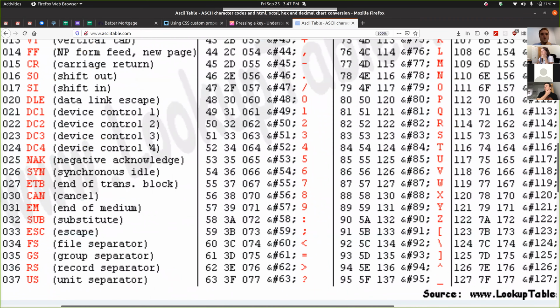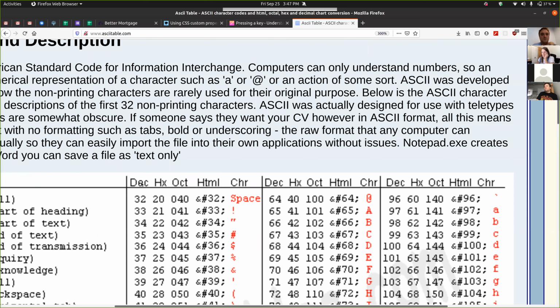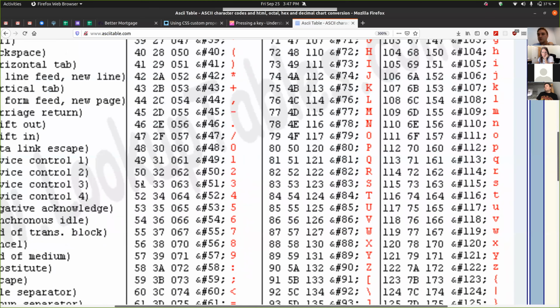On the left column of this is the decimal representation of a number between 1 and 255, which coincidentally is how many numbers we can represent with 1 byte.